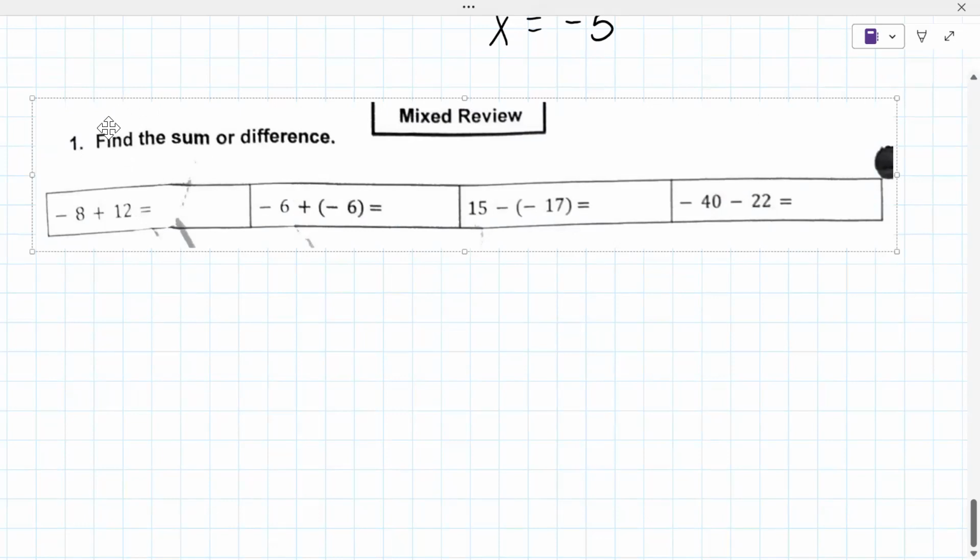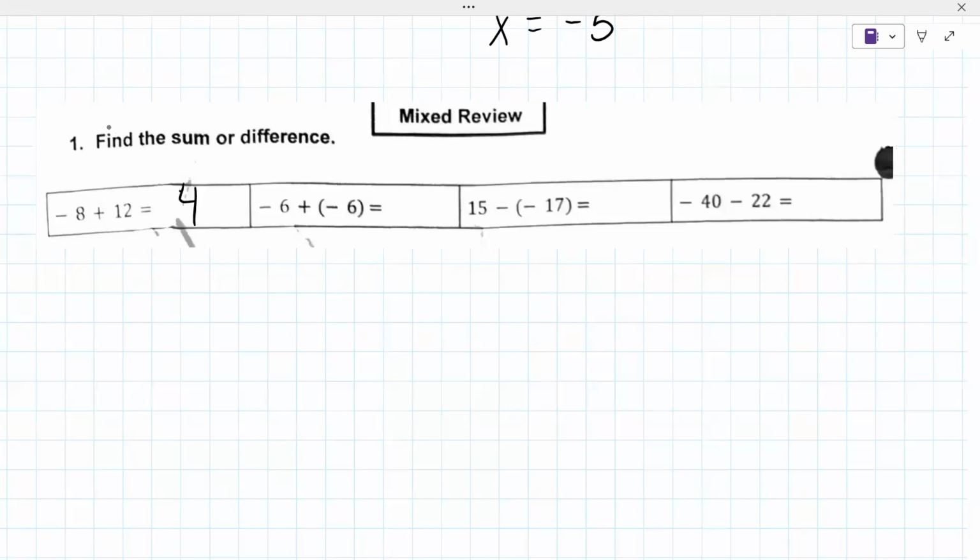Okay, so difference -8 plus 12. 4. Okay, 4 is correct. -12.